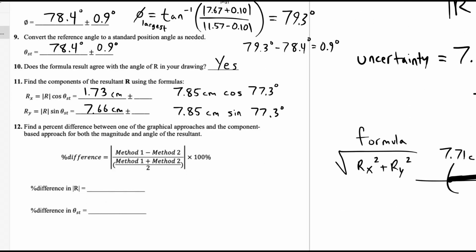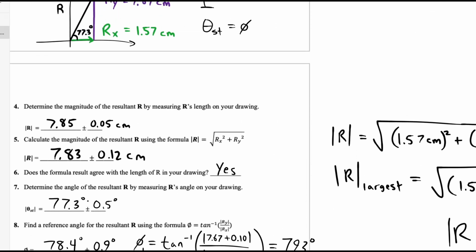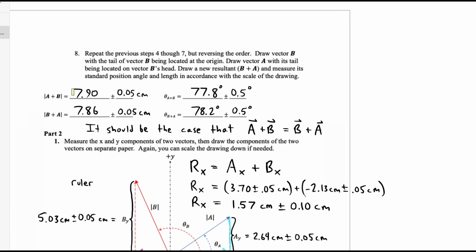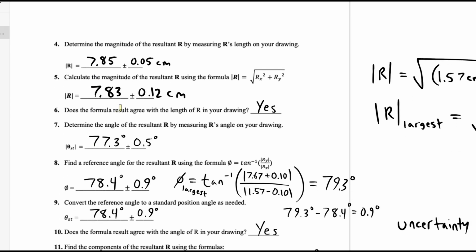Finally, we'll find a percent difference between the graphical approach versus the component approach. So for the magnitude, using the first approach, we had found a magnitude of 7.9. That was with the graphical head-to-tail method. Using the component method, though, we had 7.85.